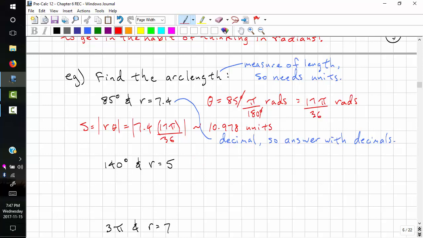Let's look at the next example. Theta equals 140 degrees times pi over 180 degrees radians equals 14 over 18, reduces to 7 pi over 9 radians. S equals the absolute value of R theta equals absolute value of 5 times 7 pi over 9.